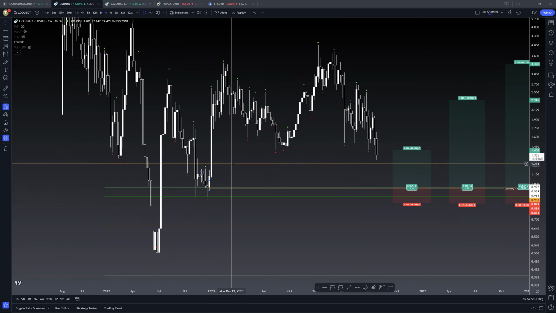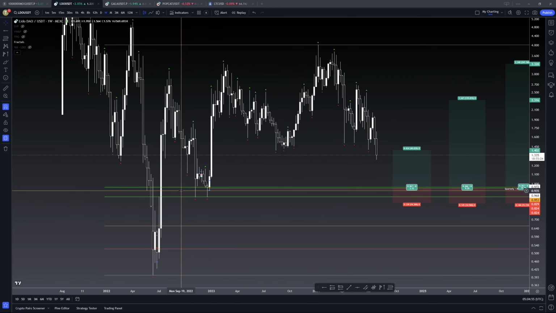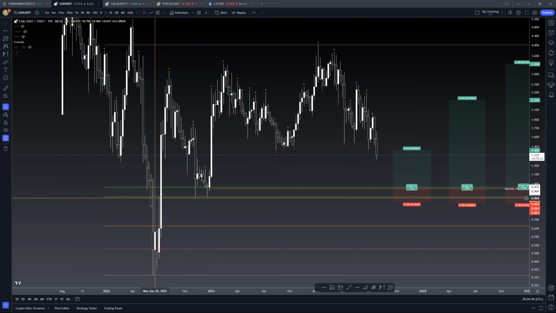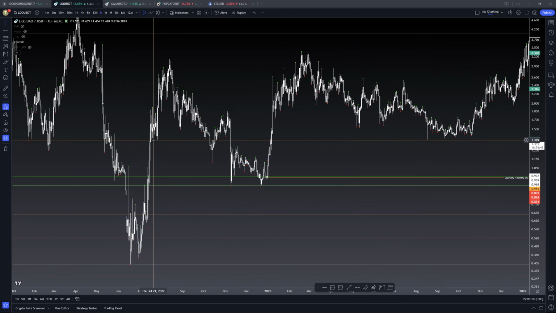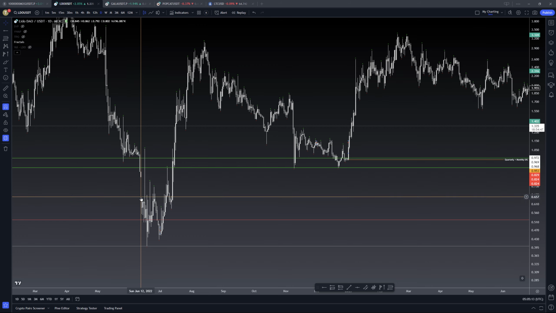Let's do it on the weekly then. July 1st. It's going to be done in the daily. Okay. So, this gap down here is what's throwing it off. Possibly. Let's see. July 1st. August 1st.